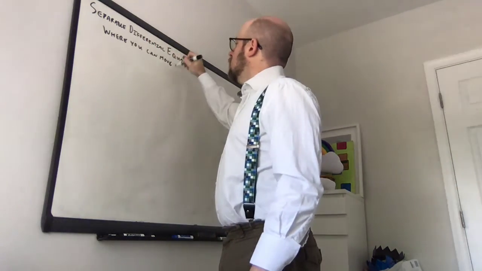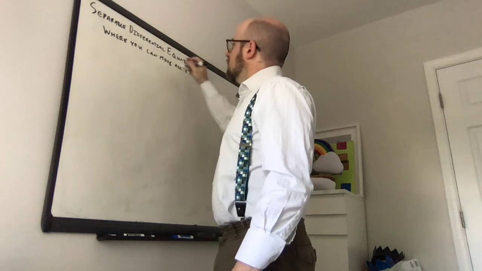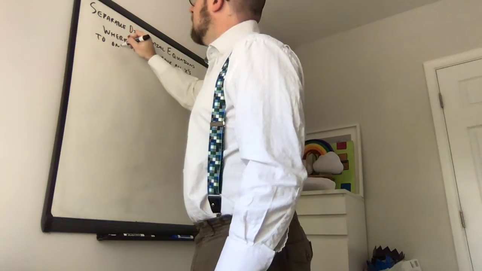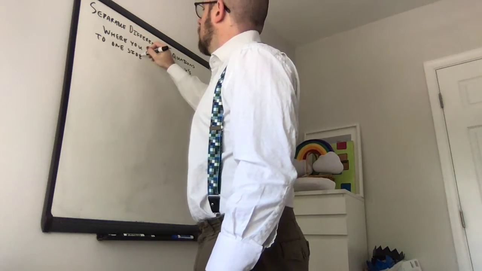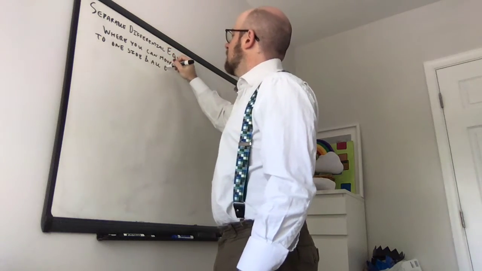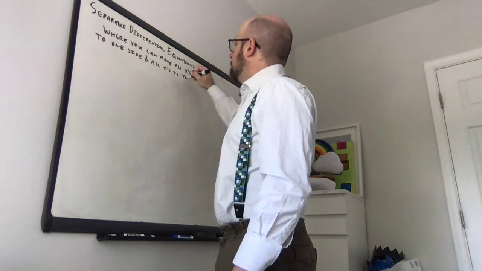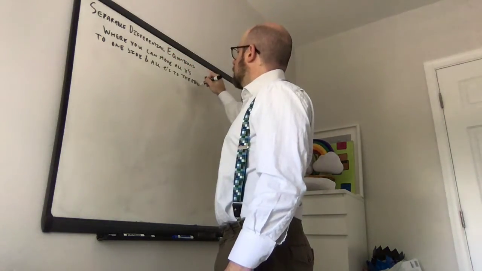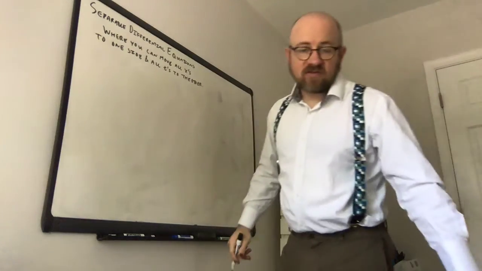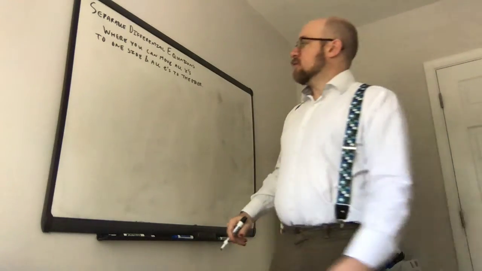Okay? So a separable differential equation is one where you can move all x's to one side and all t's to the other. This is called separating a differential equation.